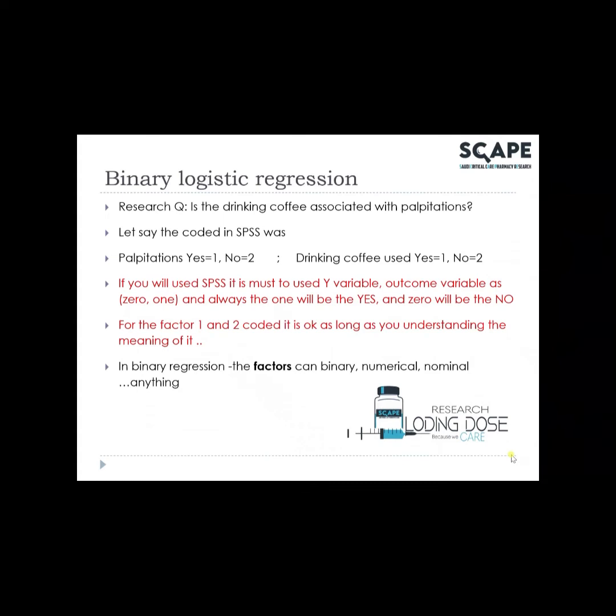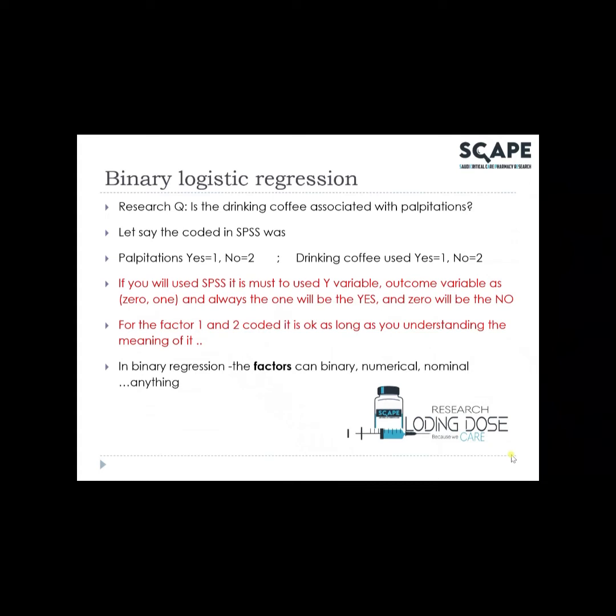And 1 will always be the yes and 0 will always be the no. So I have to make sure my binary outcome is coded as 0 and 1. For the other factors that I add, I can code them 0, 1, or I can use 1 or 2. It's okay as long as I understand the meaning and can interpret the table.